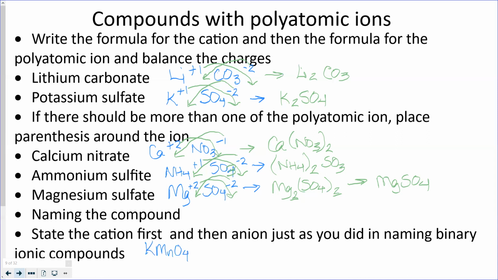You can look at your polyatomic list and determine that it's going to split kind of down the middle right there. K is potassium, so we would name it as is. And then we would look at MnO4 on our polyatomic list, which is permanganate. So we name it as is and do not change the ending.